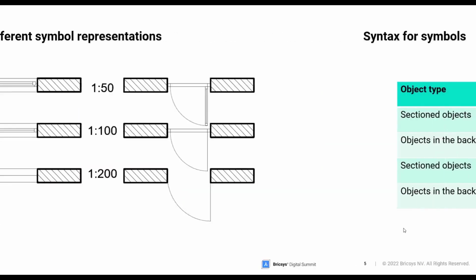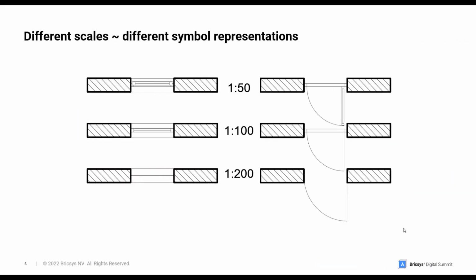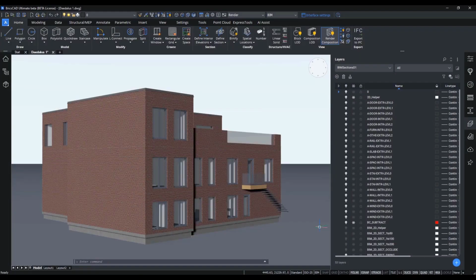from the 3D object. As such, with symbols, we could make several representations of a window or a door. One for plans on 1 to 200, and one which is more detailed for plans on 1 to 100. In this next version of the BIM model, I already replaced my window components by a more detailed variant that includes symbols.